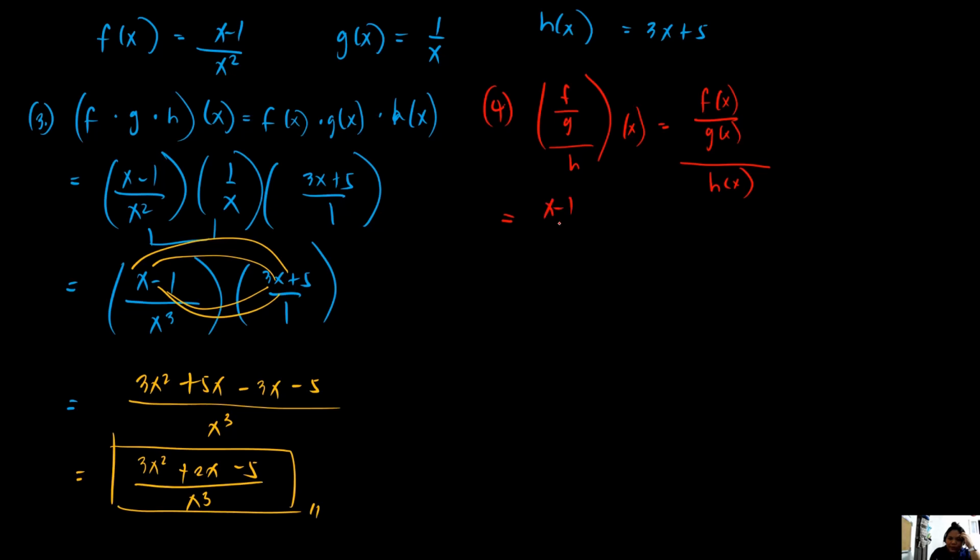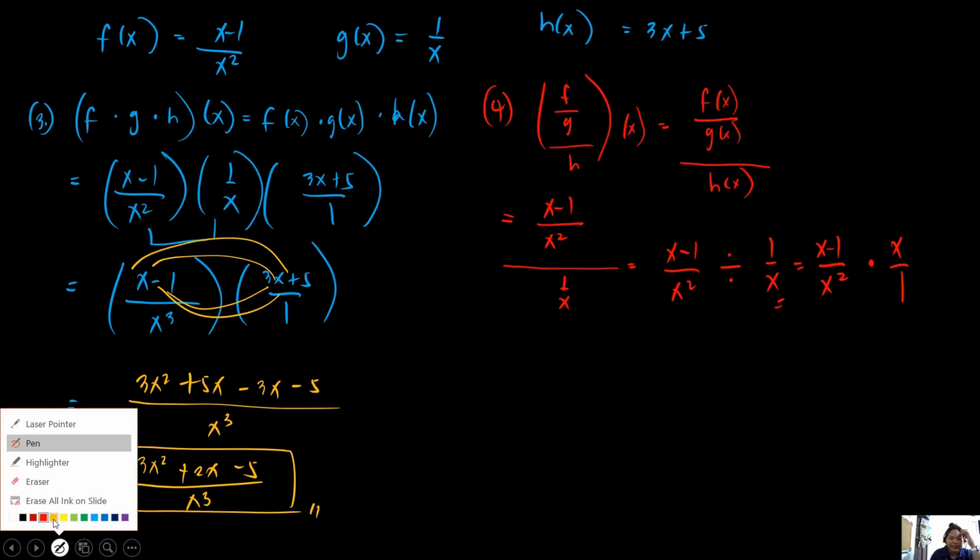So you have x minus 1 all over x squared divided by 1 all over x. Diba pag fraction, class, ang gagawin natin, sulat ko sa ganito, class, para hindi tayo malito. Okay, so we have 1 over x. Diba kung sino yung nasa right side, i-reciprocal natin. Then pag reciprocal natin, reciprocal din natin yung operation. So we have x minus 1 all over x squared times x all over 1.